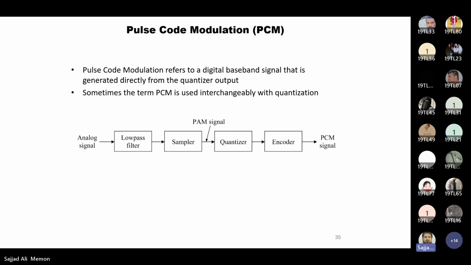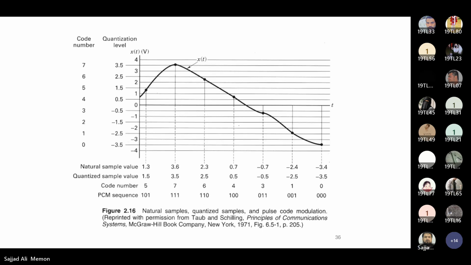So moving on with the PCM. So these are the quantization levels that you can see in your figure. Sampling is done in time, whereas quantization is done on the y-axis. That can be your ampere, that can be your voltage, meaning amplitude.